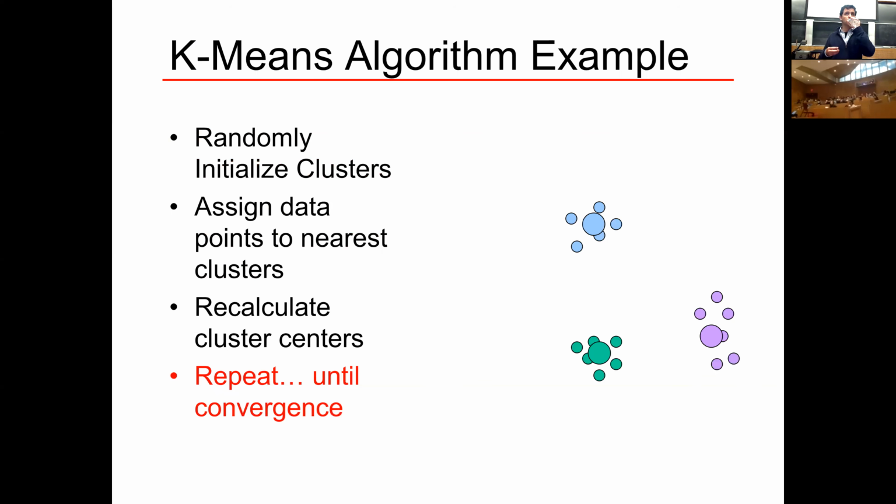Yeah. How do you know how many clusters to assign? So there are methods to find that. What most people do is that they try some reasonable number, and then they see how it looks, and then they try a bunch of numbers.